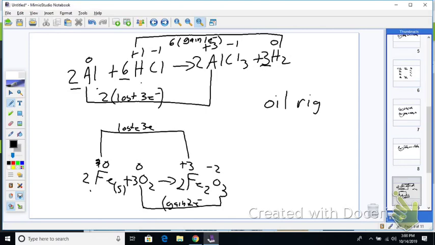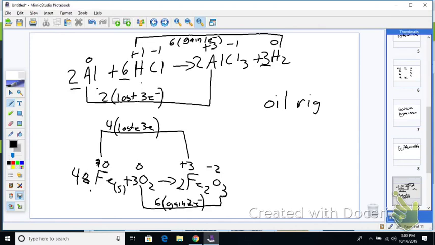So I times this by 6. What do I get? 6 times 2 is 12. And I take this times 4, and what do I get? 12. Well, this should be a 4 out in front here now. So now they balance. So the 2 wouldn't work. The 2 wasn't going to work to show the number of electrons, because I'd have had an odd number on the right side.